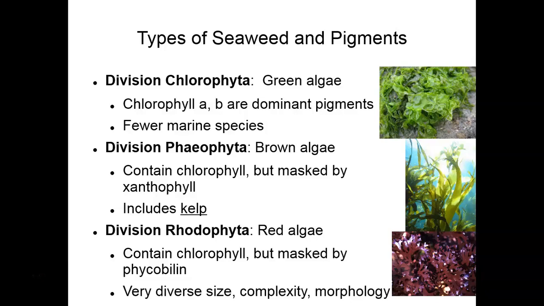These ones are even more diverse in their shapes and sizes, from one red algae to the next, than the brown algae or the green algae are. With the Rhodophyta, there are even some that make a skeleton structure out of calcium carbonate, which makes them harder and stronger.